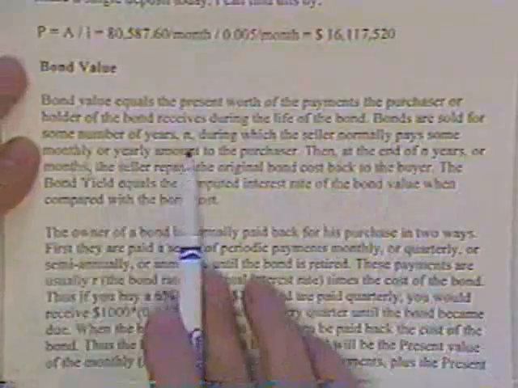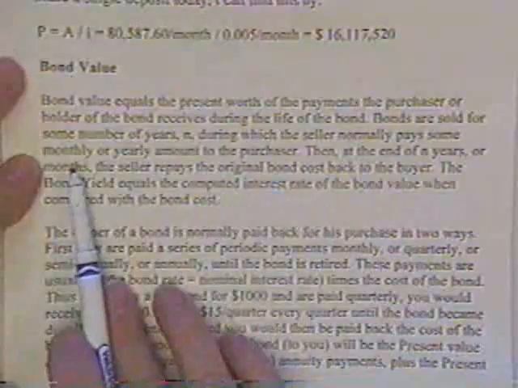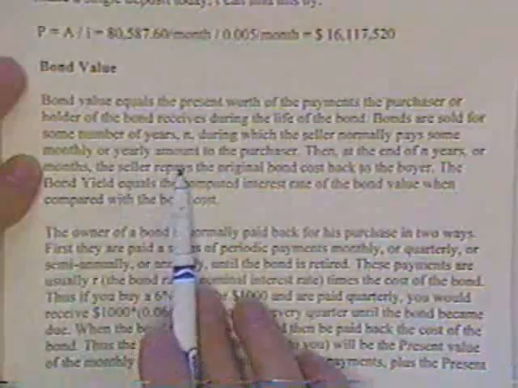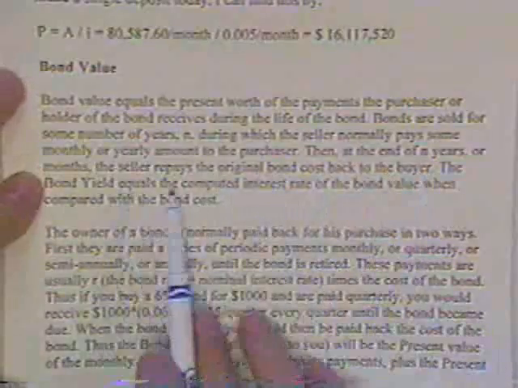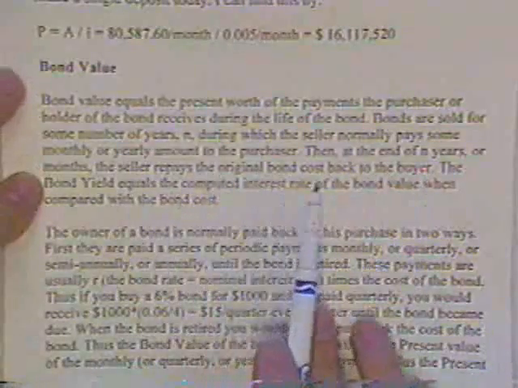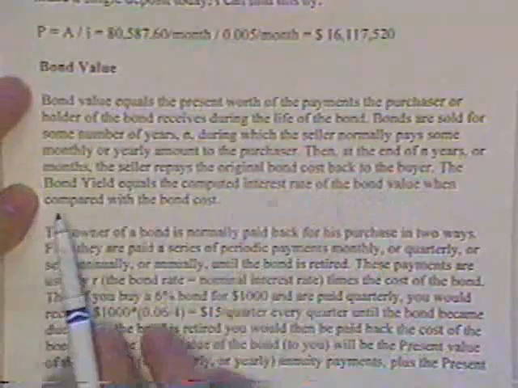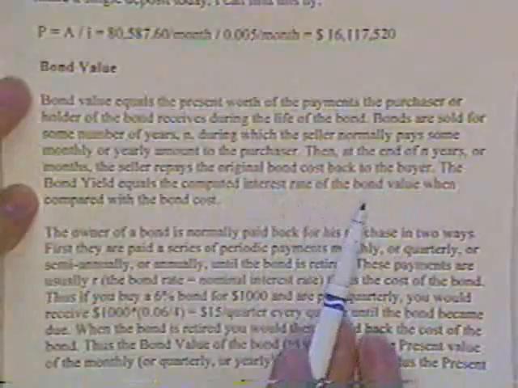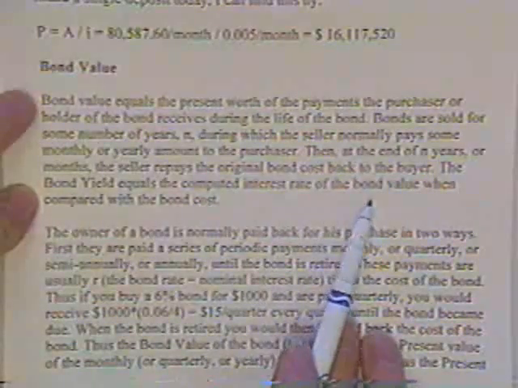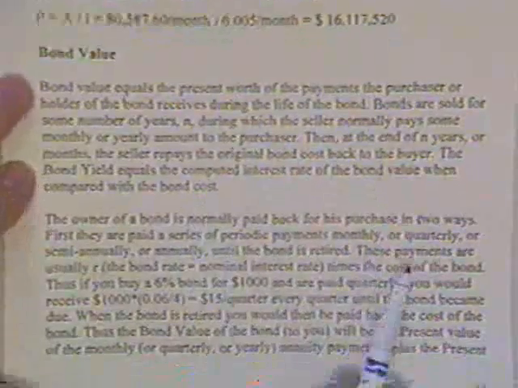They're sold for some number of years, in which case a seller normally gives you monthly or yearly money. And then at the end of the N years, of course, you get back the original cost of the bond. That's the way they normally work. The bond yield is the computed interest rate of the value of that bond when compared with the bond's cost.